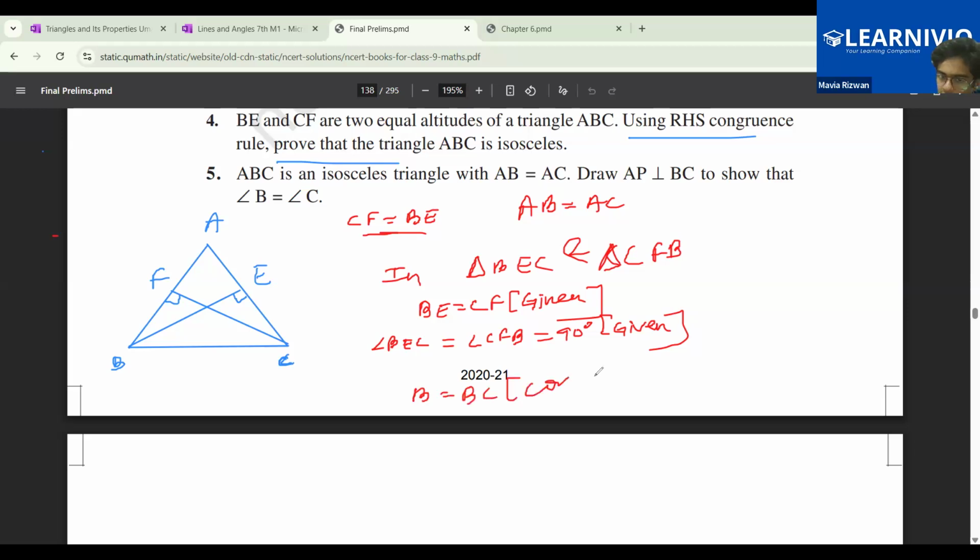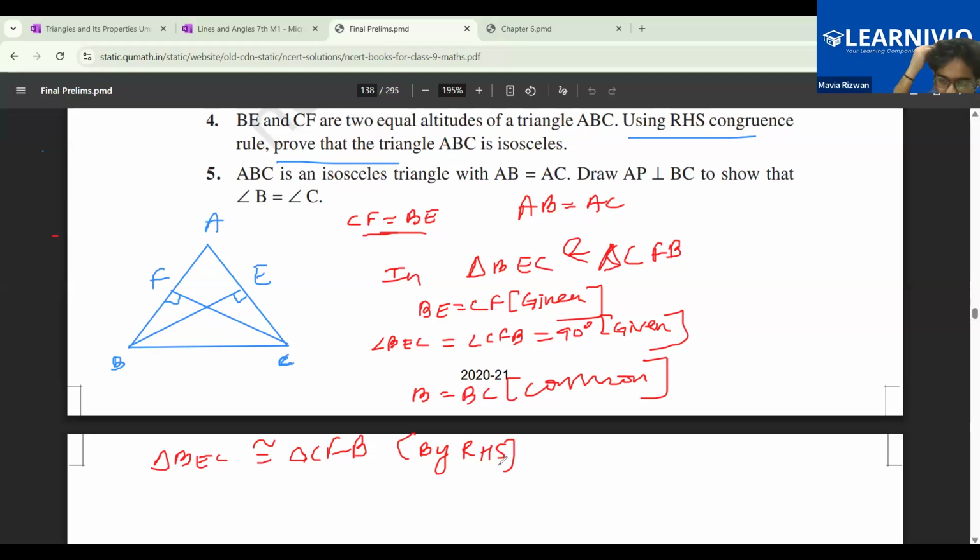So now we have these two triangles congruent by RHS, right angle. This is hypotenuse and this is side. So triangle BEC is congruent to triangle CFB by RHS. Is this clear, guys?